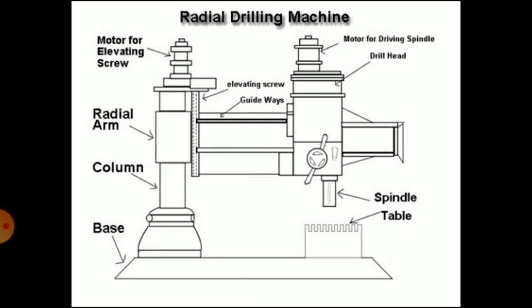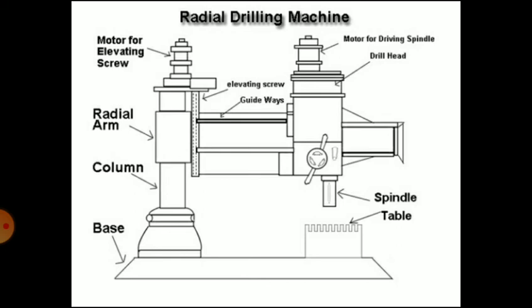So you can see the various parts of the radial drilling machine. The bottom part is the base. On the base, the heavy round column is mounted at one end, and at the other end of the base the table is mounted, stationary.